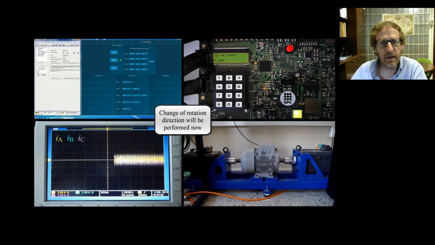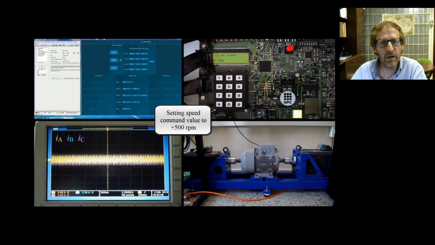We'll see that the image freezes so we can see what happens during the speed reversal transient.